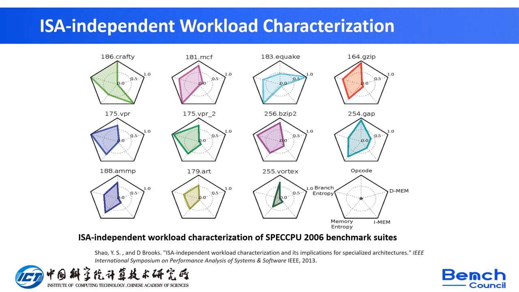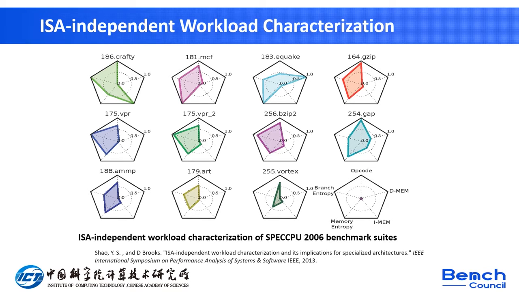Another work performed ISA-independent workload characterization from various important intrinsic program characteristics relating to computation, memory, and control flow. The analysis is performed using a JIT compiler that emits ISA-independent instructions.